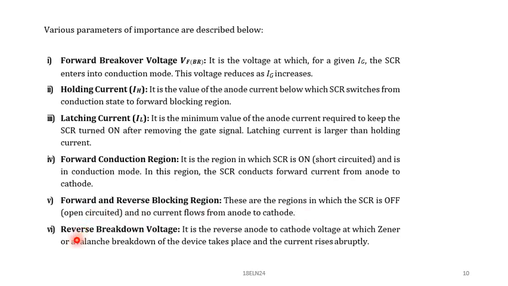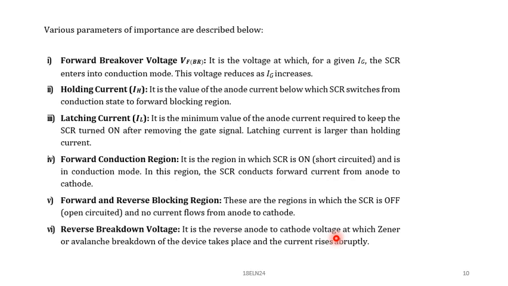And the last parameter is reverse breakdown voltage. It is the reverse anode to cathode voltage at which Zener or avalanche breakdown of the device takes place and current rises abruptly. As I mentioned, it is the same as a diode under reverse bias condition. In reverse bias condition, generally the current flowing through a diode is very small.